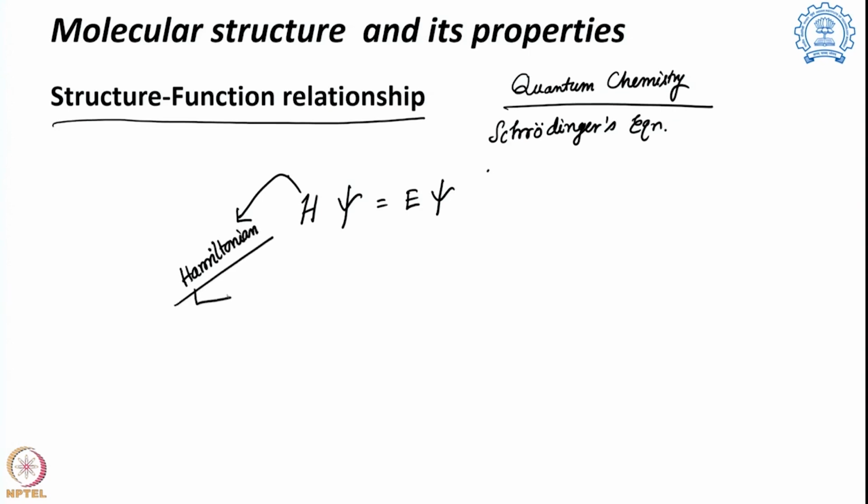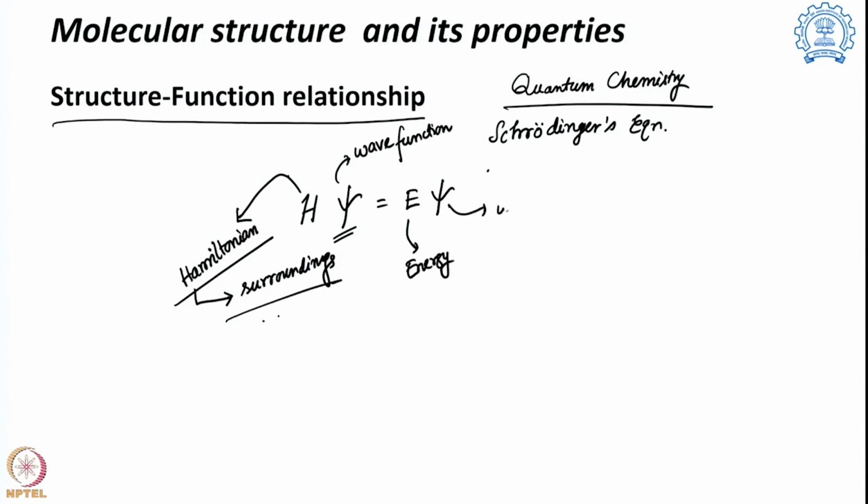nothing but a system which actually defines our surrounding. We will come into that a little bit later. This psi is known as the wave function. E is quite obviously the energy, and the psi is the wave function again.